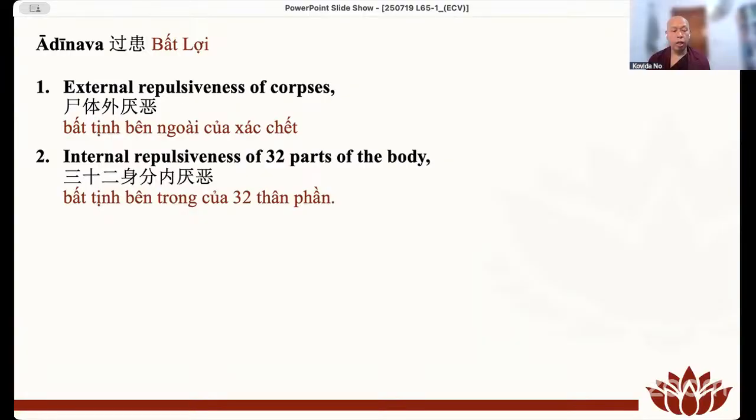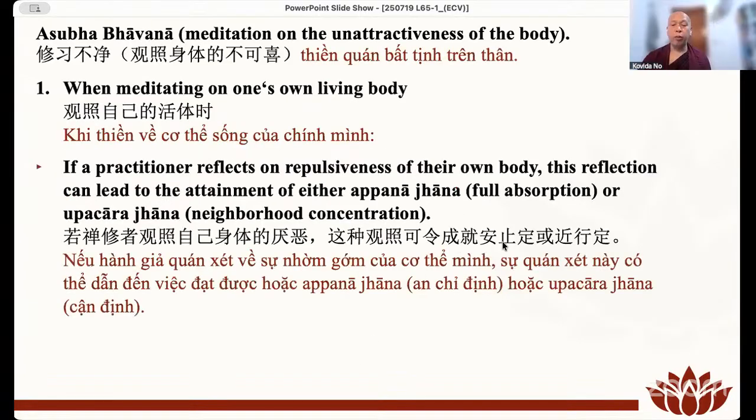Now, when we are going to train asubha, there is also some detailed explanation about the meditation, on one's own living body. That means if a practitioner reflects on the repulsiveness of their own body, this reflection can lead to the attainment of appana jhana, absorption, or upacara, neighborhood concentration.